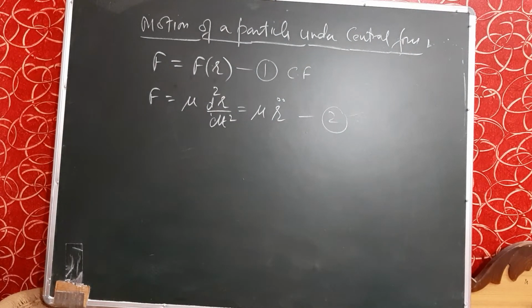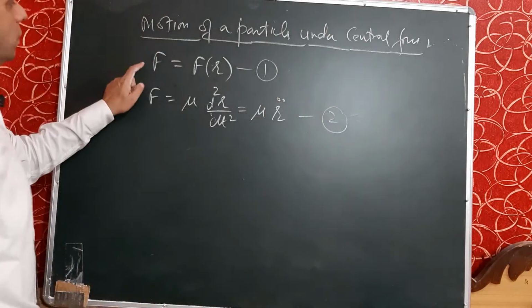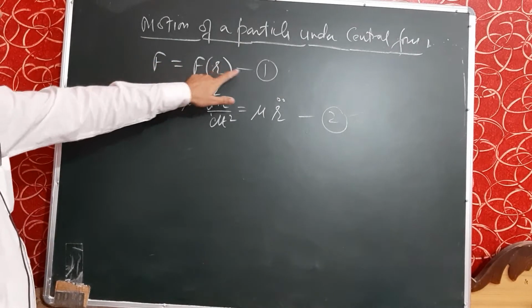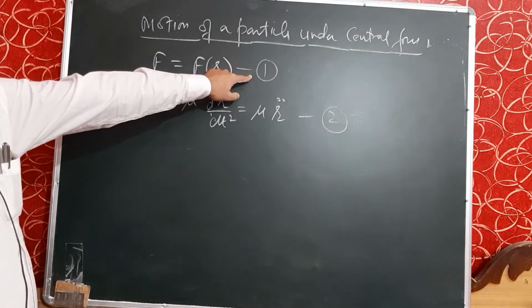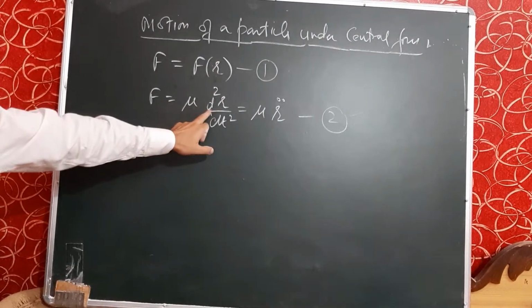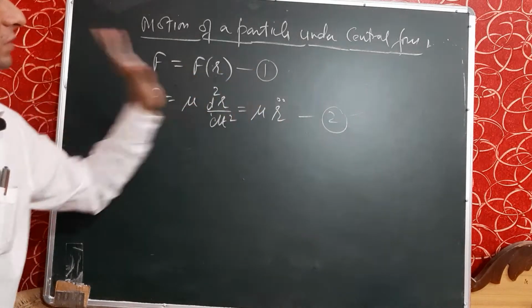So when we describe the motion of the particle under central force, then we will use only two simple equations. That is, first equation 1, F is equal to F of R, that is, force is only a function of R. It is only possible in central force or inverse square force. And F is equal to mu A, that is ma. So this is second equation.